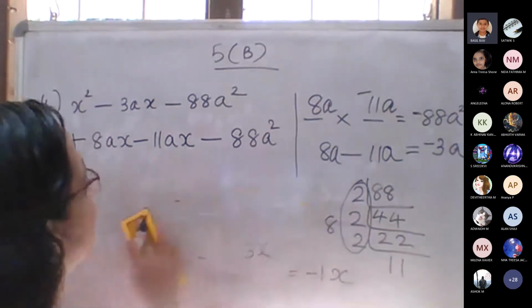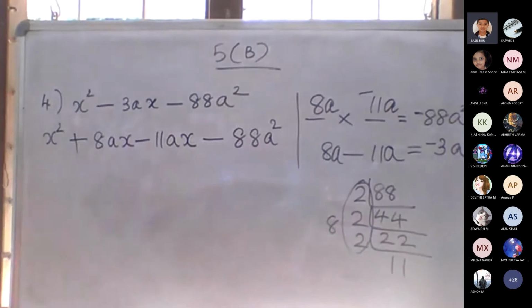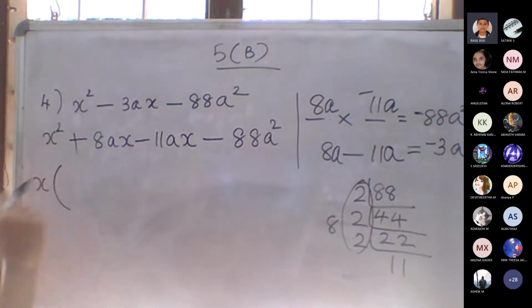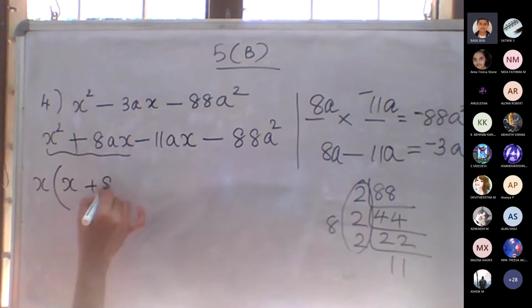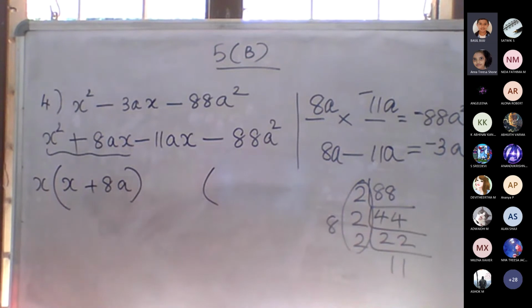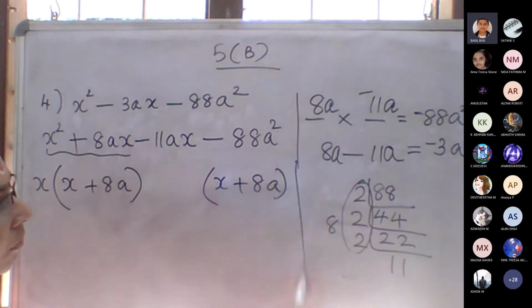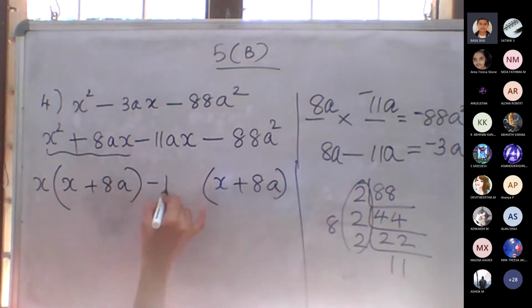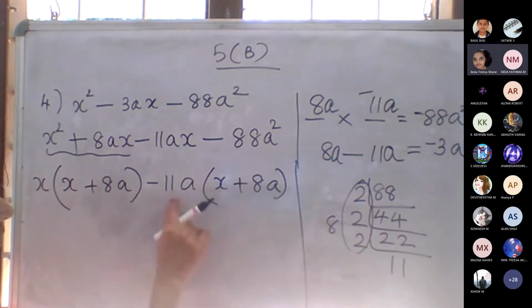So next, negative 11ax is here, positive 8ax is here. We can take only x here. x plus 8a, then 11a minus 11a. We don't need to write x, we already changed the bracket.